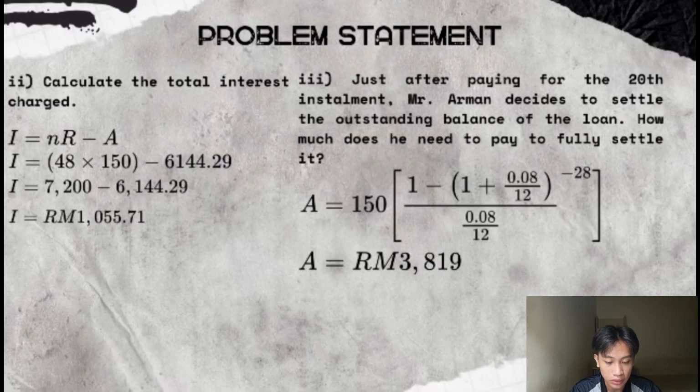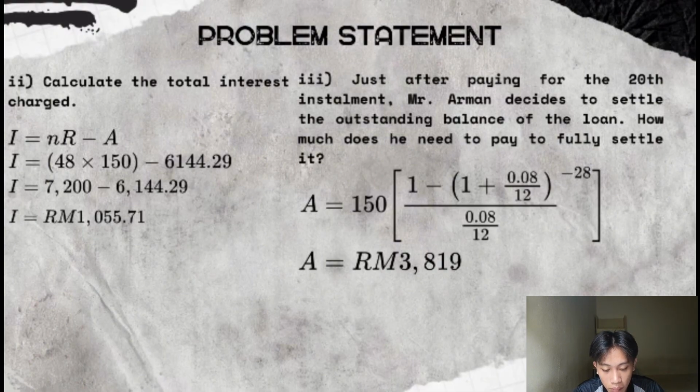So question 3. The question asks, just after paying the 20th installment, Mr. Arman decided to settle the outstanding balance of the loan. How much does he need to pay to fully settle it? So I will be using this equation to solve it.